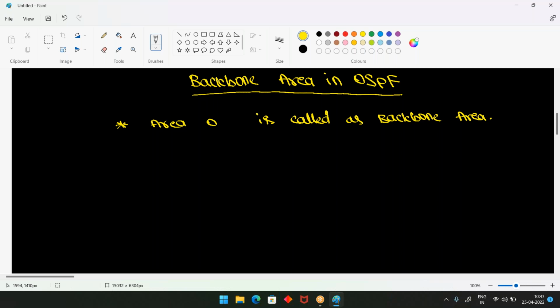Backbone area in OSPF protocol means area 0 is called a backbone area.